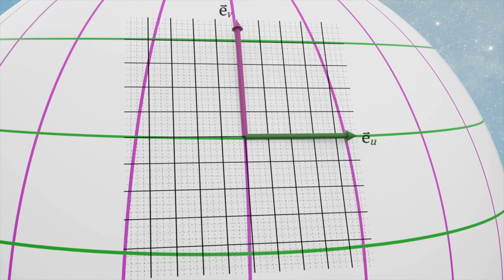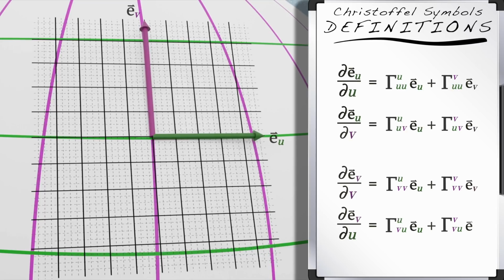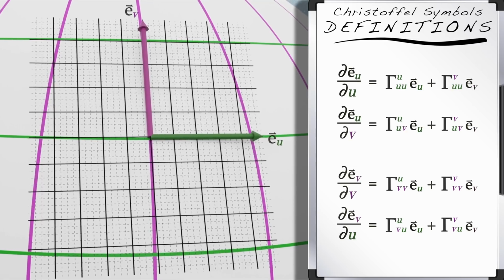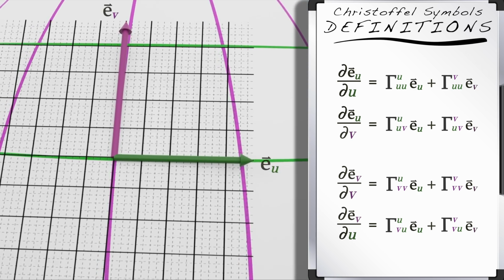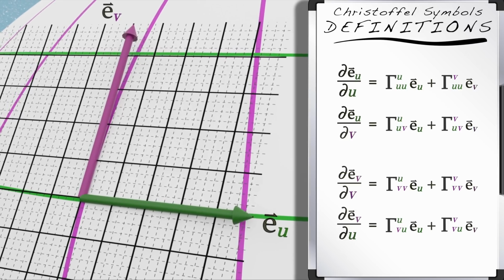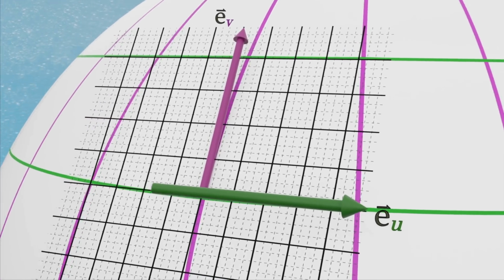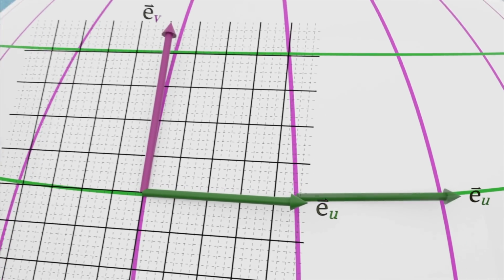Again as well, we can get to the Christoffel symbols by taking the partial derivatives of the basis vectors with respect to the u and v variables. However, since these basis vectors no longer lie in the manifold, neither will their derivatives. As an example, let's take the difference between this EU basis vector and its nearby neighbor in the u direction.